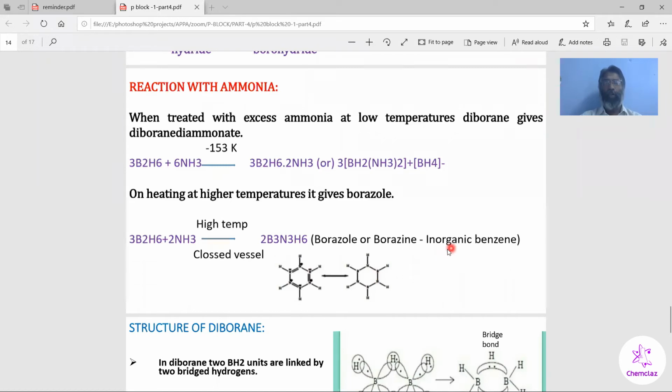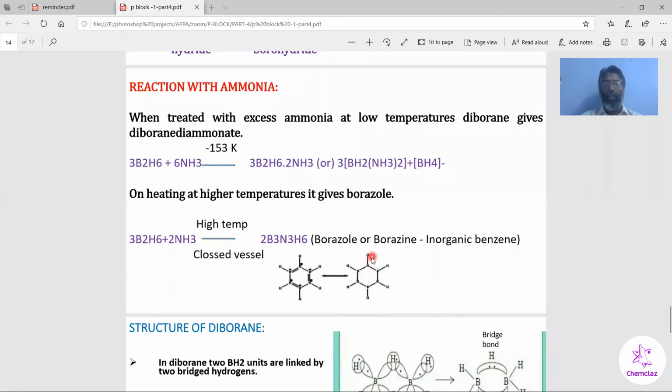So how will you prepare inorganic benzene? You have to write this. At low temperature, there is no formation of inorganic benzene, but at high temperature, inorganic benzene is obtained. In this structure, you can see the nitrogen and boron are arranged alternately: nitrogen, boron, nitrogen, boron, nitrogen, boron.